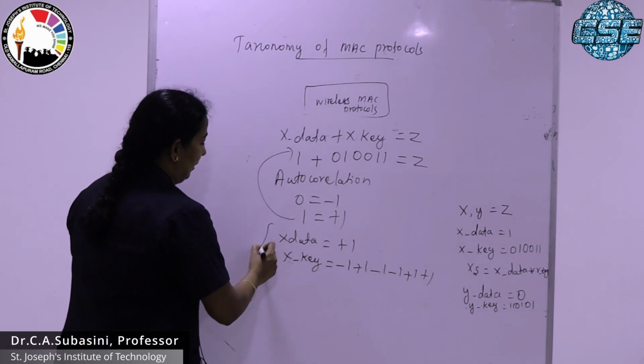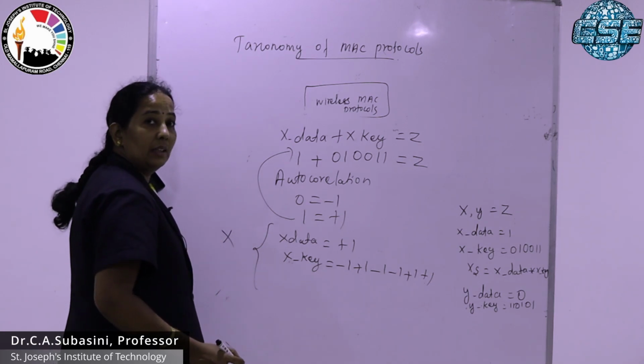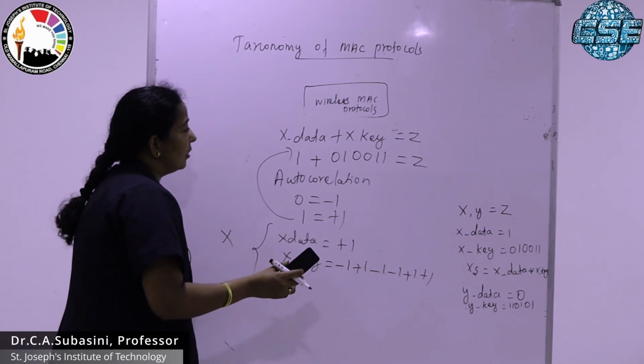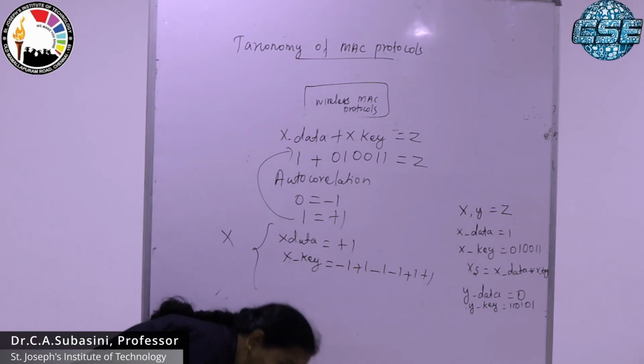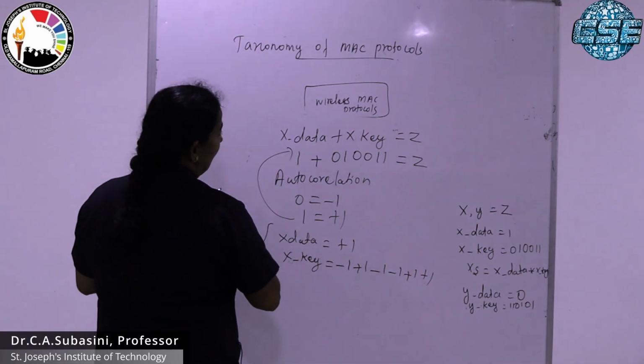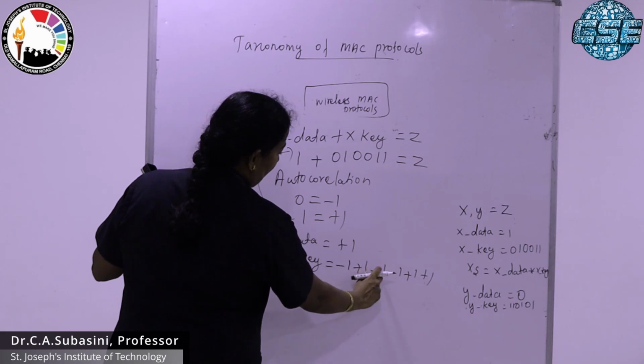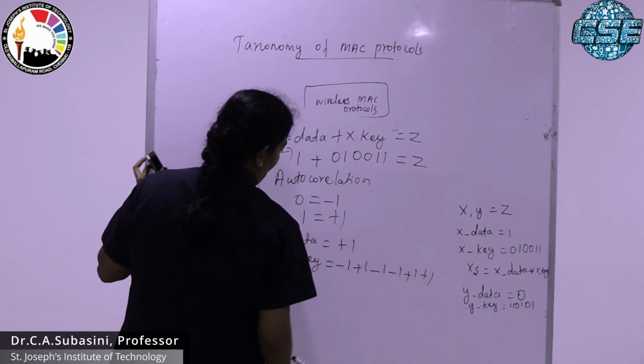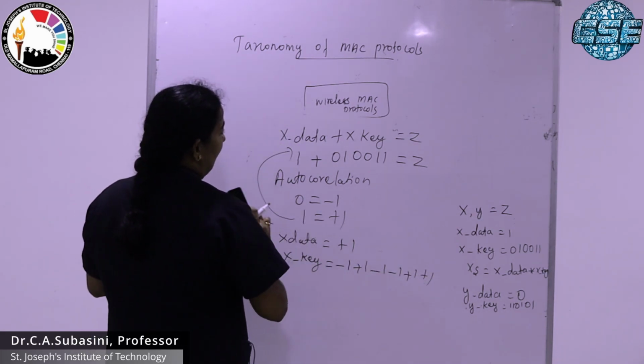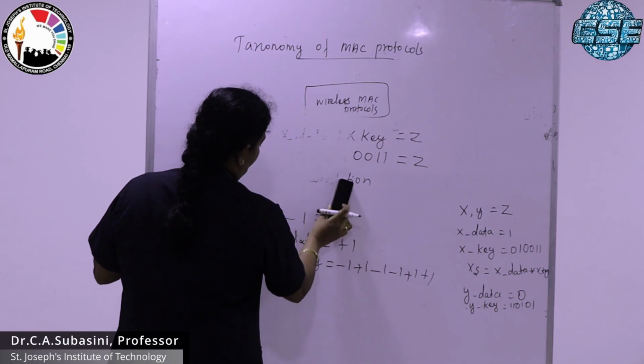So this is X. Next we take the X key, which is minus 1, plus 1, minus 1, minus 1, plus 1 and plus 1. Next we apply it on Y data.